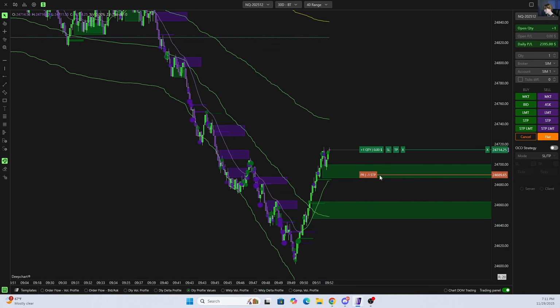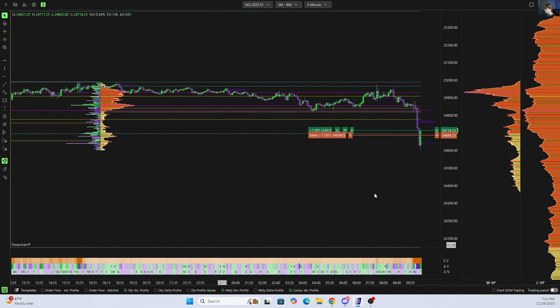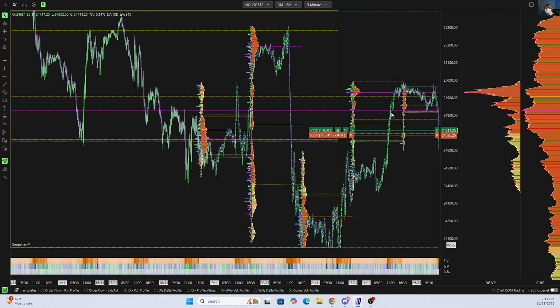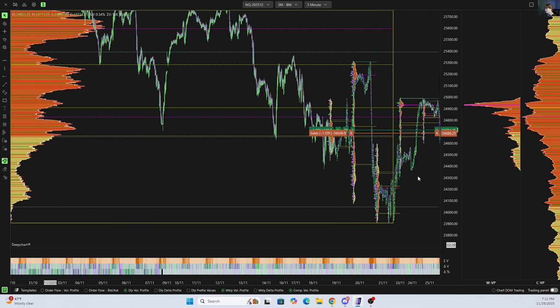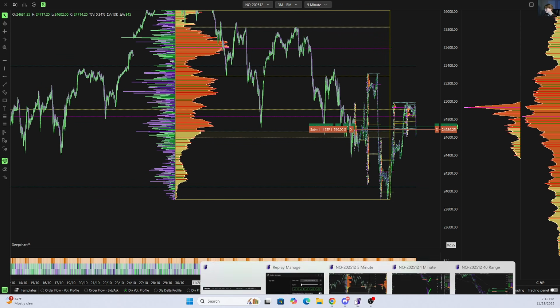Do I put my stop here? Do I put my stop here? Maybe I'll just put it here. Maybe I'm getting in early. There's a bullish imbalance. After we know we hit our key location, right? Higher time frame zone. We know that's our location.